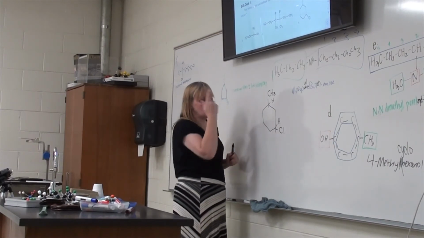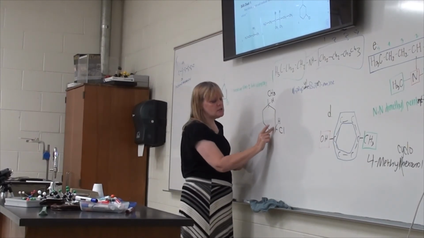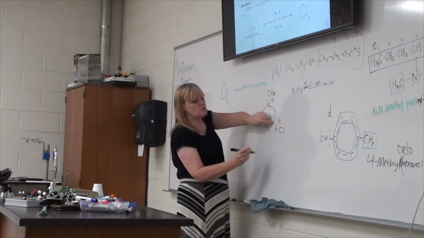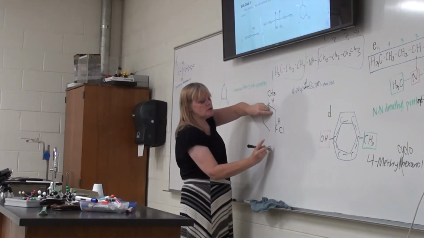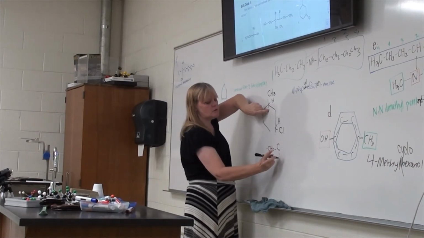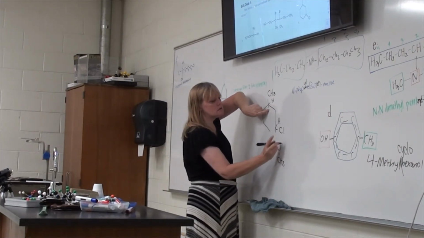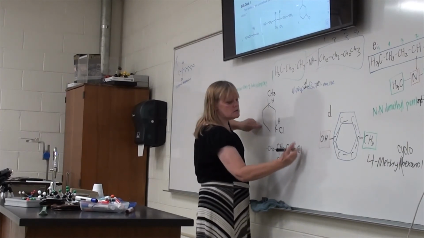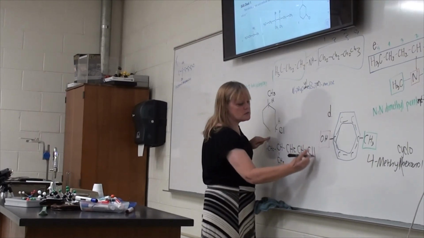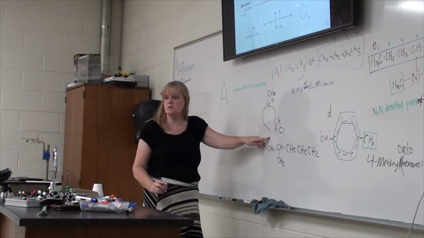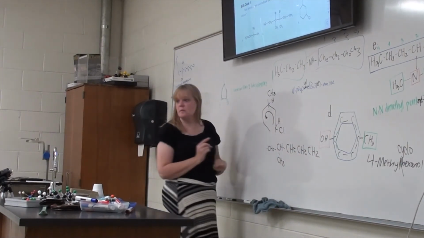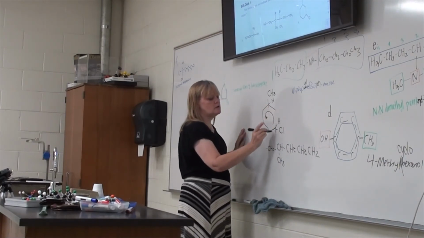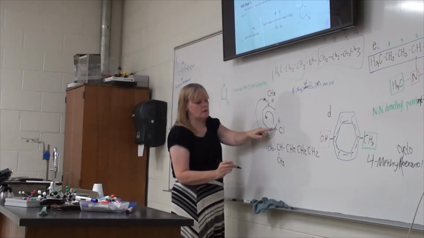So what you do is you mentally detach it here and think about what this group looks like. If you're going this way, you have a CH2 and you have a carbon with a CH3 on it, and you have a CH2, CH2, CH2. Okay, so that's going this way around the ring. Now you mentally detach this side and you go this way around the ring and write what that is.